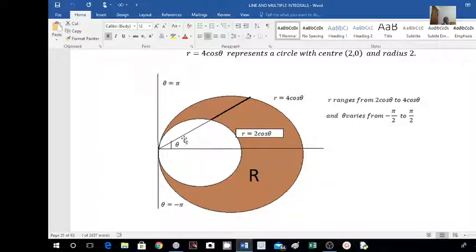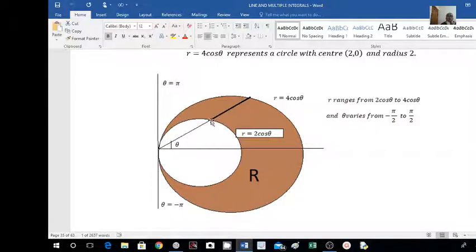This is the circle whose radius is equal to 1, and this is the bigger circle whose radius is equal to 2. Now this is my region of integration. Here is the initial point. R is like this. This is my region here. On this region, r ranges from this point to this point.